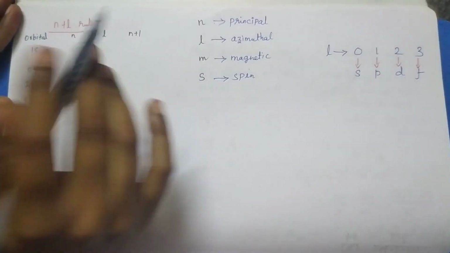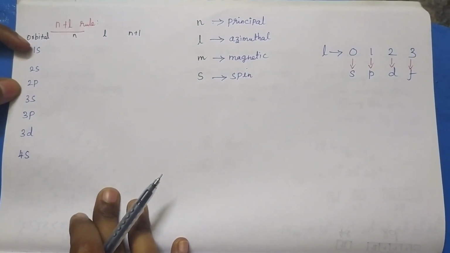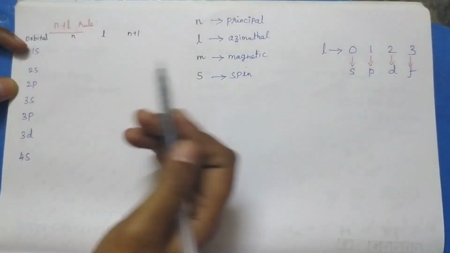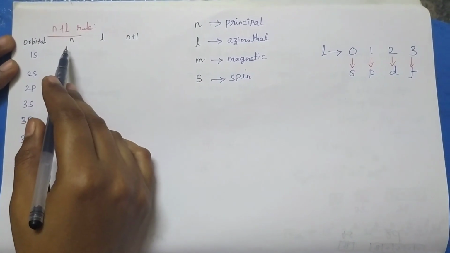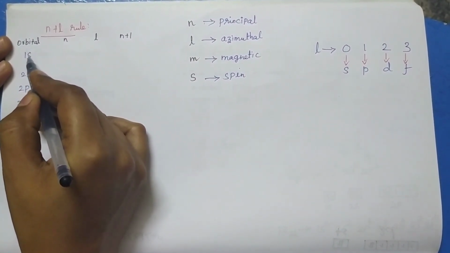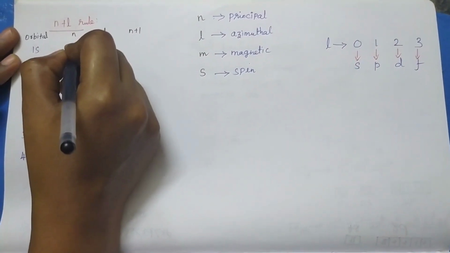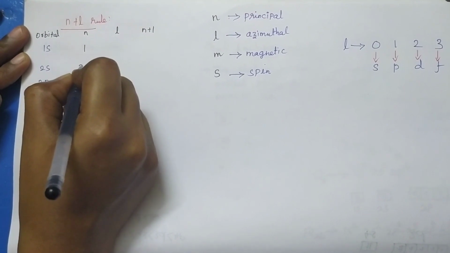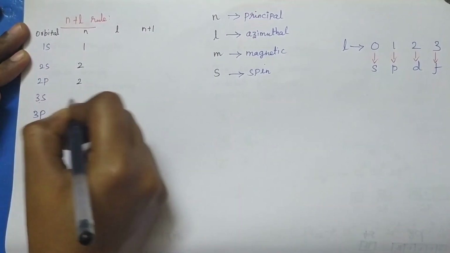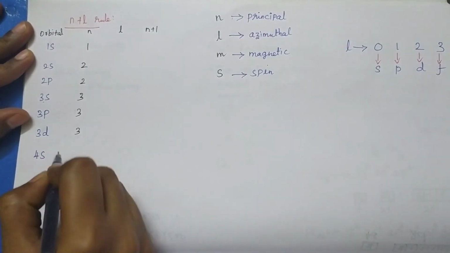You want to add these 2. Now I have written the orbitals here: 1s, 2s, and so on. How can we identify n and l? This is very easy. n is the number written before the shell letter, that is the n value. So for 1s, n is 1; 2s, 2; 2p, 2; 3s, 3; 3p, 3; 3d, n value 3; and 4s, 4.